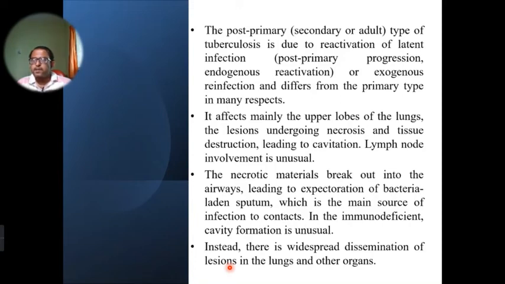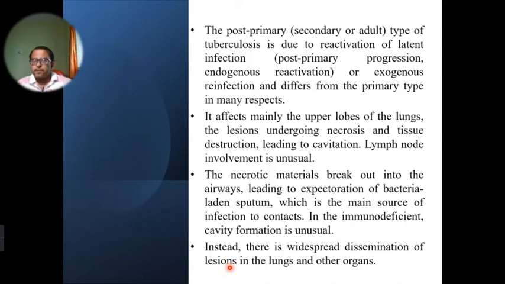Why? Because whatever the tissue necrosis or lung cells that have been destroyed in the post-primary type of infection come into the airway. So there will be blockage of the airways, and this blockage should be cleared. That's why that person coughs very fast.